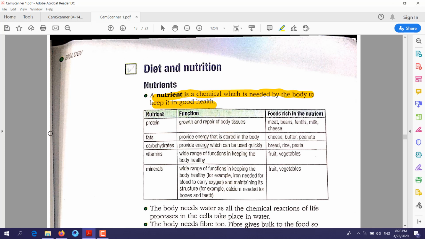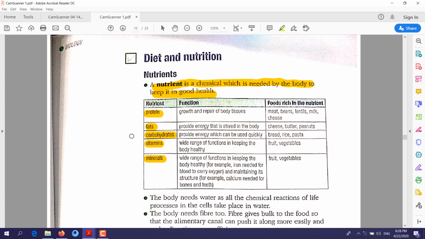All the nutrients are grouped into these types: firstly, protein, fats, carbohydrates, vitamins, minerals. Five main types of nutrients, and then also we have other nutrients in addition to these five. Each nutrient has a function in our body, and also it has a source, meaning where we can get this nutrient.